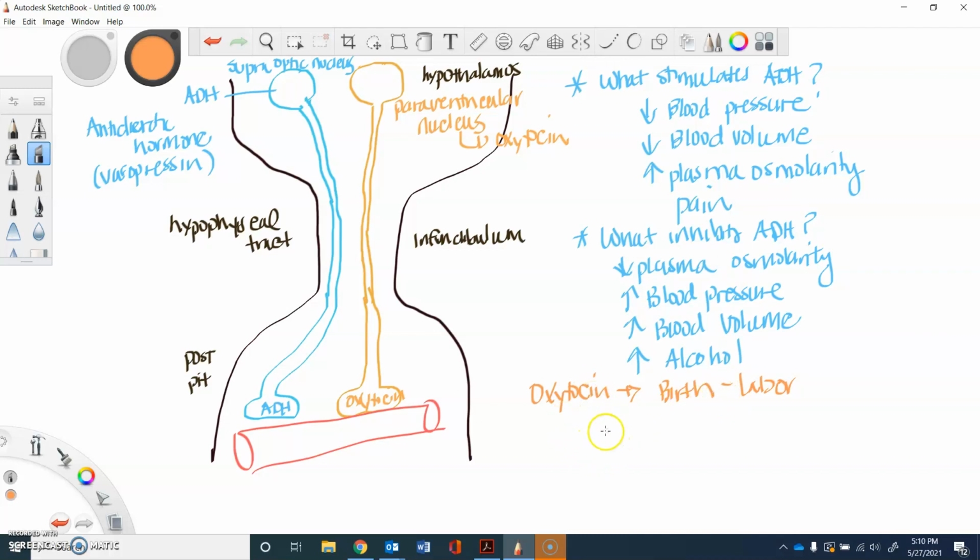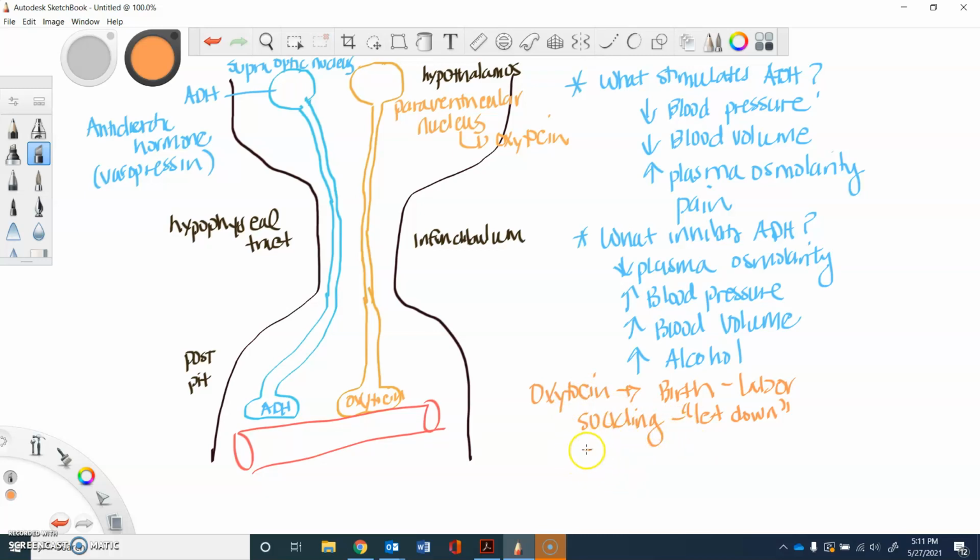Okay. Suckling. So suckling of the baby causes oxytocin to be released because oxytocin causes what's referred to as letdown. So letdown is where the milk comes down into the ducts there so that baby can be fed, and the suckling causes the secretion of oxytocin that will target those mammary glands there.